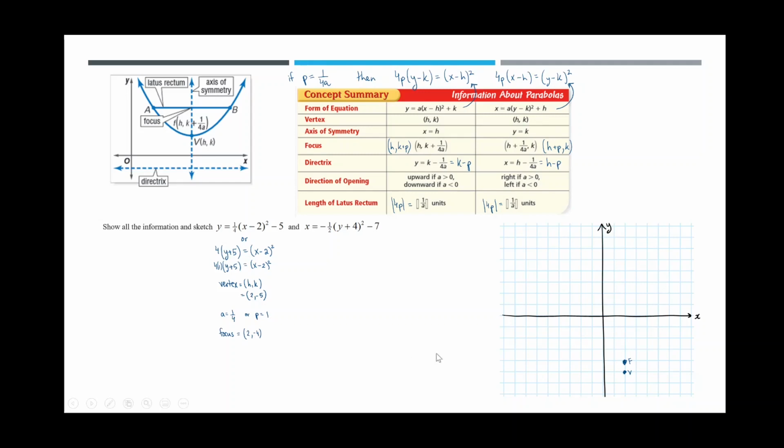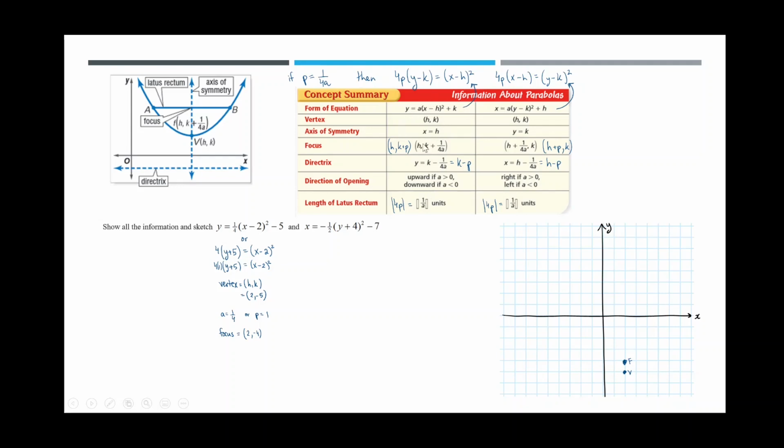So now we're going to plot it. So here we have the vertex, so v for vertex right there, plotted. You can see it went 2 to the right and 1, 2, 3, 4, 5 down. And then the focal point will be 2 and negative 4. How come? Well, because here x is the one that's squared, then we're following these equations over here.